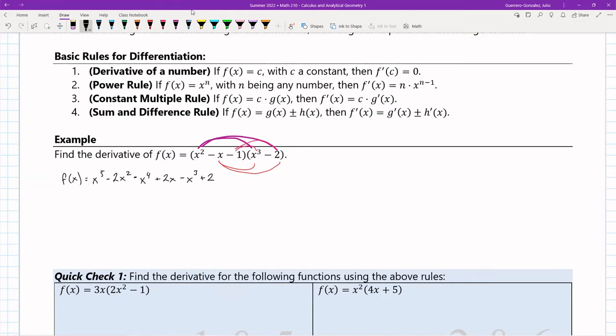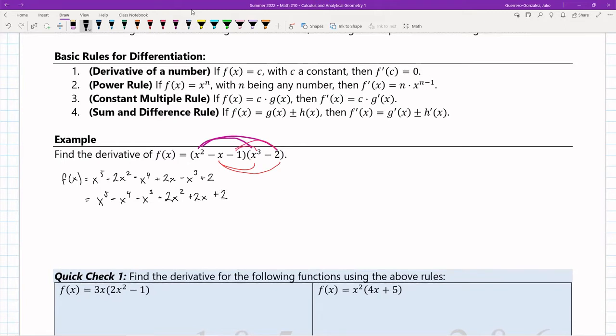And if we go ahead and clean this up really quick, it's going to be x to the 5th minus x to the 4th minus x to the 3rd minus 2x squared plus 2x plus 2, okay?